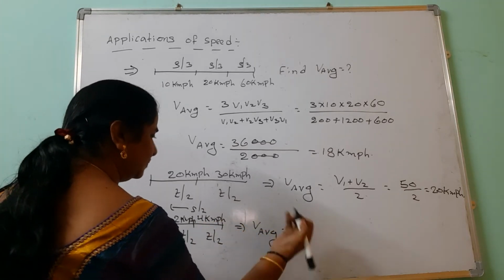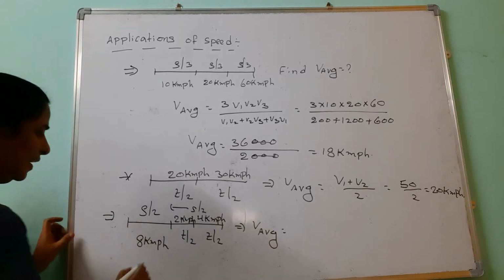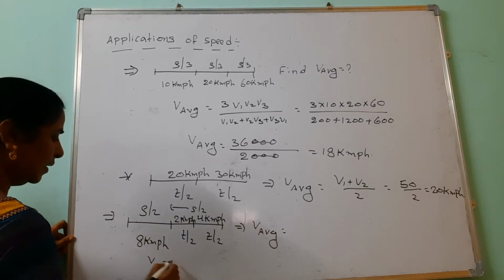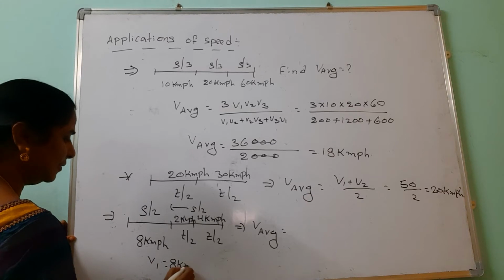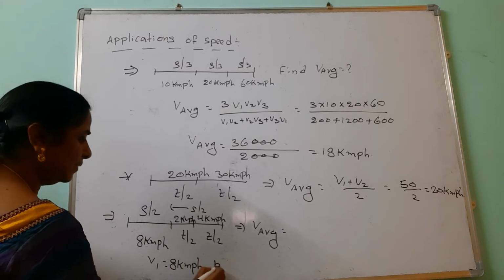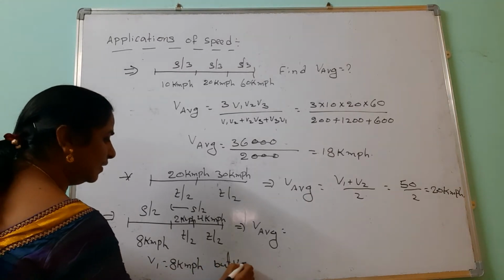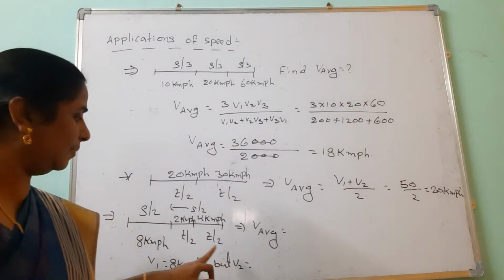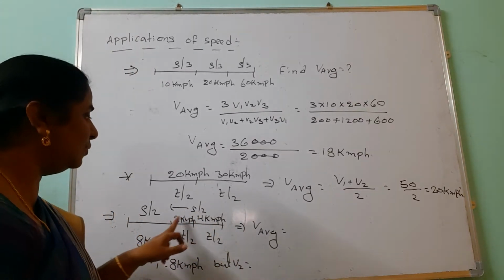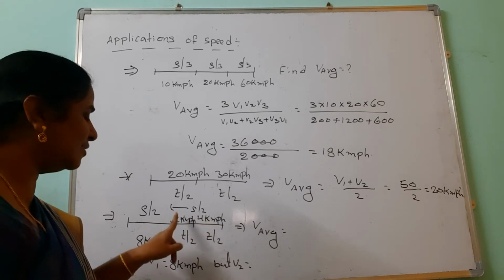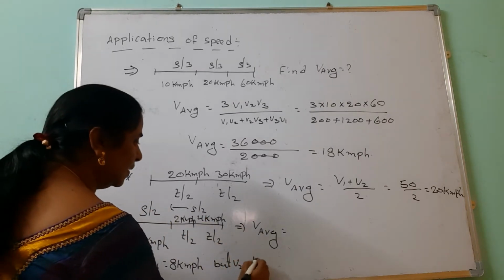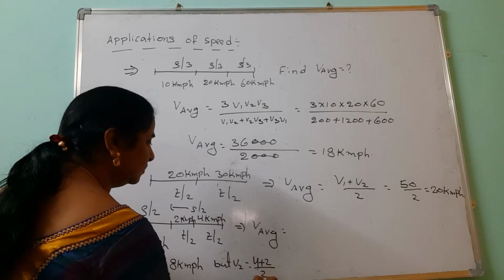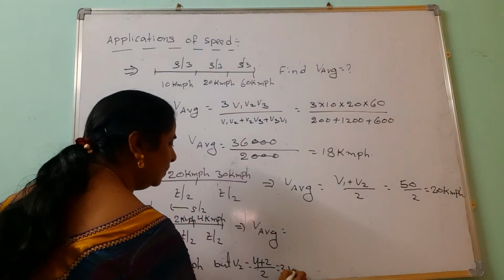Look here. No doubt in this we can take v1 equals 8 km/h. But v2, first we can take, this is half of the time and this is the other half of the time. For v2 we should take the average speed of this, 4 plus 2 by 2, which is 3 km/h.